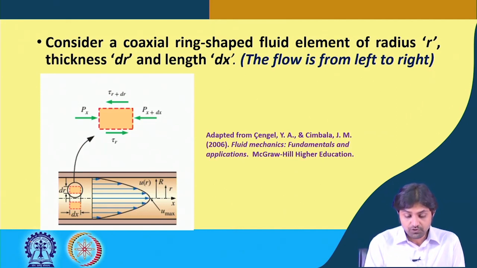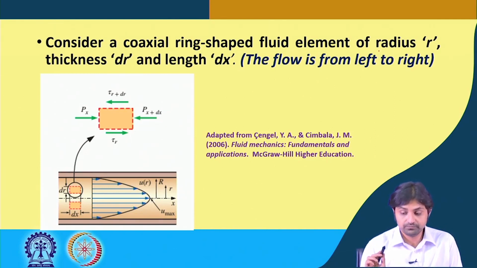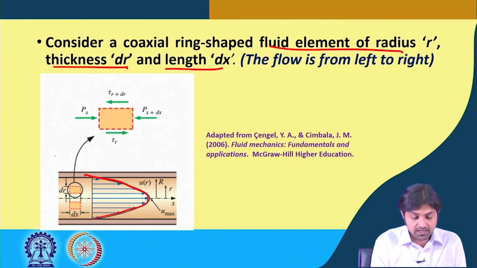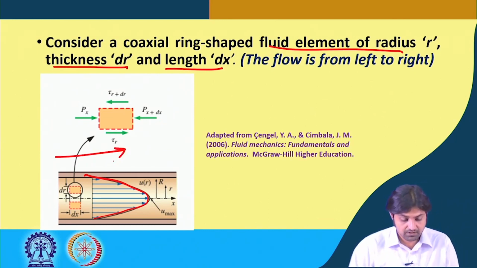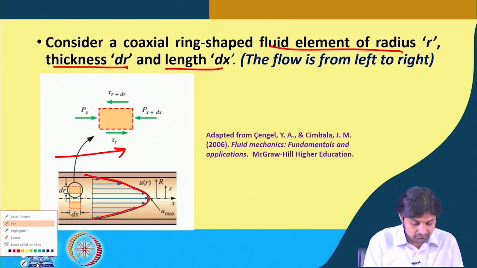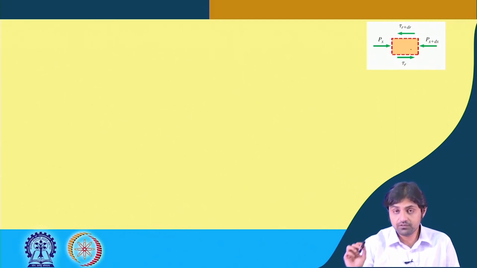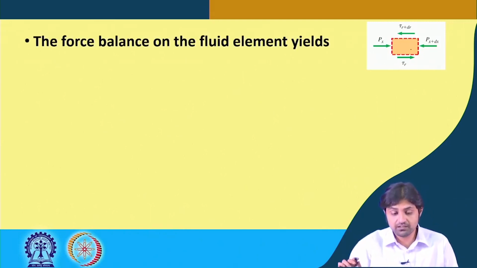So this is the flow, this is the profile, and we have assumed this fluid element having thickness dr and length dx, and the flow is happening from left to right in this direction. Okay. So we have kept this figure for the forces on the right hand side.